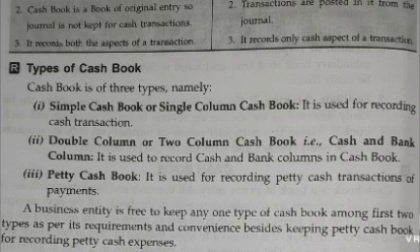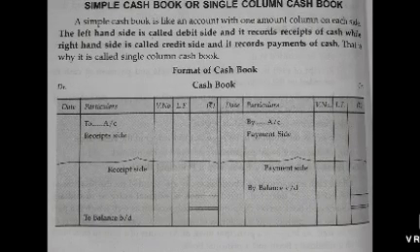A simple cash book is like an account with one column on each side. The left hand side is called the debit side, and it records receipt of cash, while the right hand side is called the credit side, and it records payment of cash.